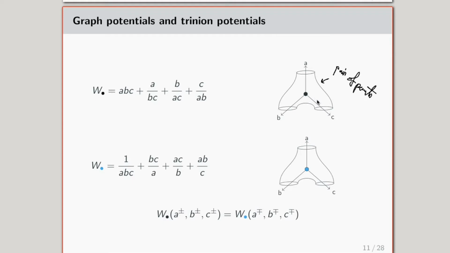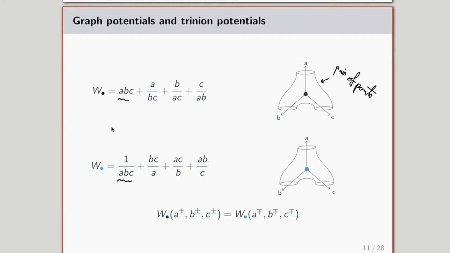Then I have two kinds of graphs, in the sense that the vertices are colored, one black and one blue. If you have a blue colored vertex, you assign this function. If you have a black colored vertex, you assign this function.